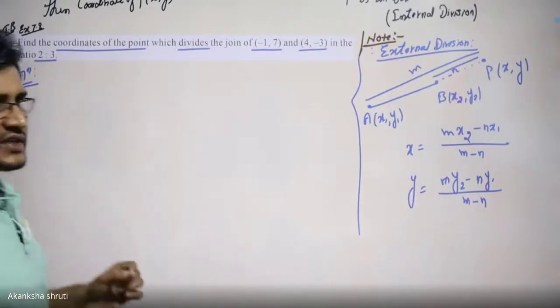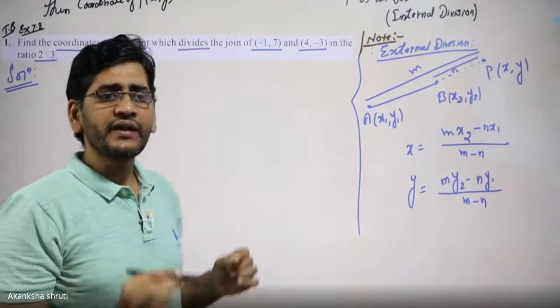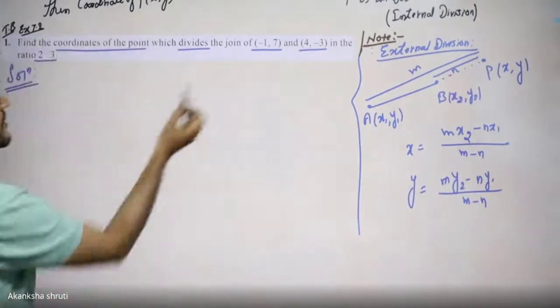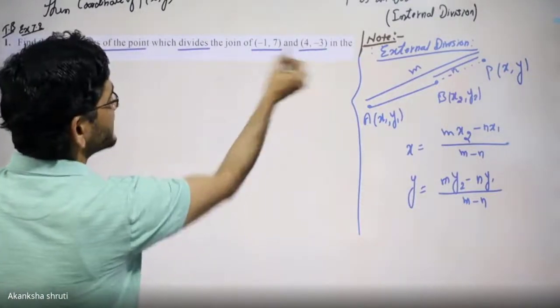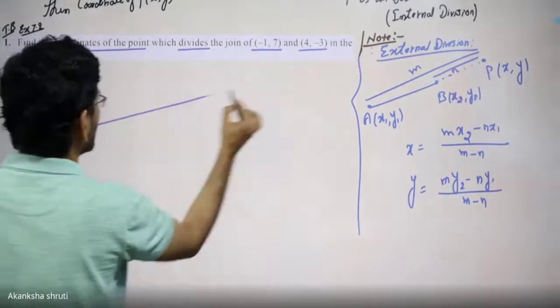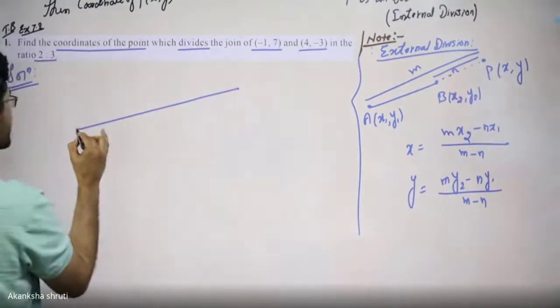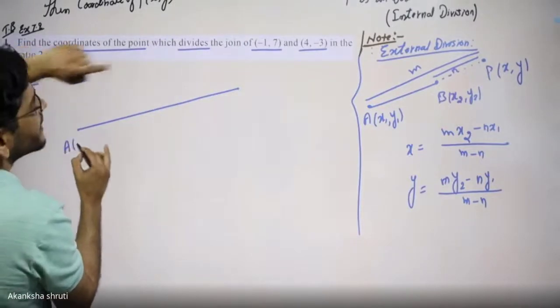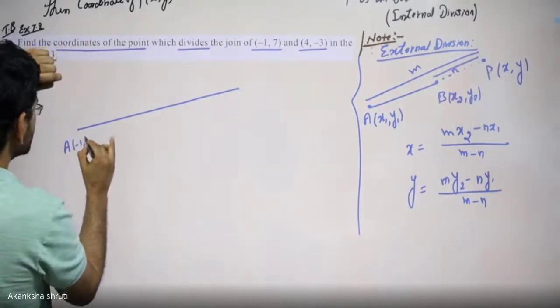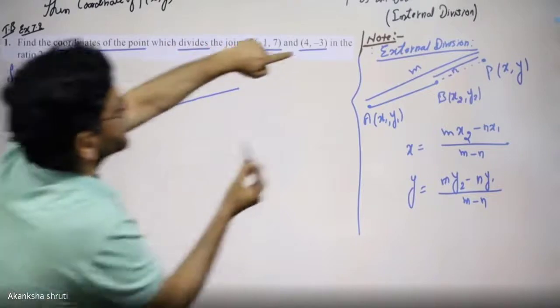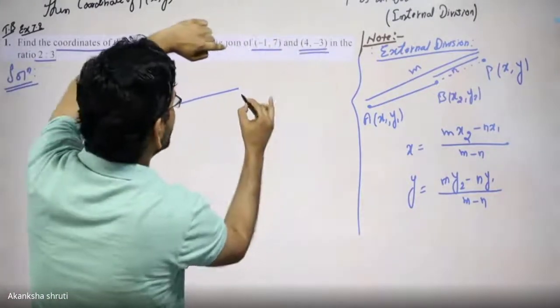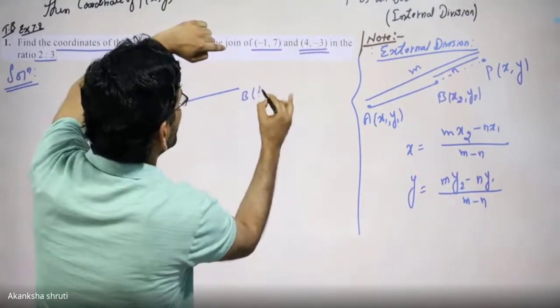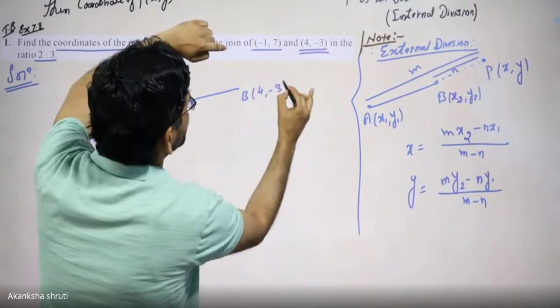The very first thing, we need to draw the rough diagram. Let us consider this point as A (-1, 7). The other point, B (4, -3).